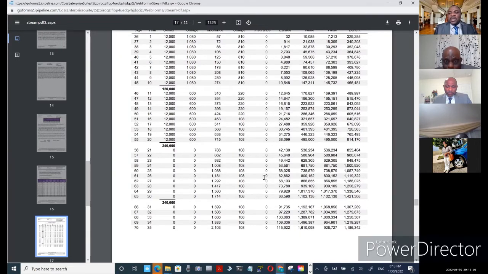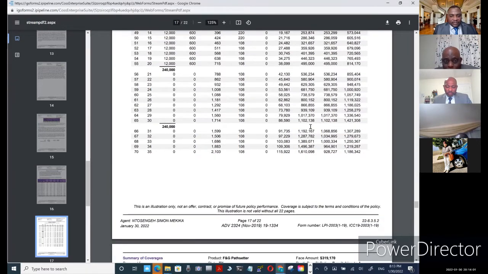Now let's look at something here. Let's go down a little bit. Look at the age of 65. This money grew from $1,102,000 to $1,192,000. It means that this year from age 65 to age 66, you made more than $92,000 on your money.